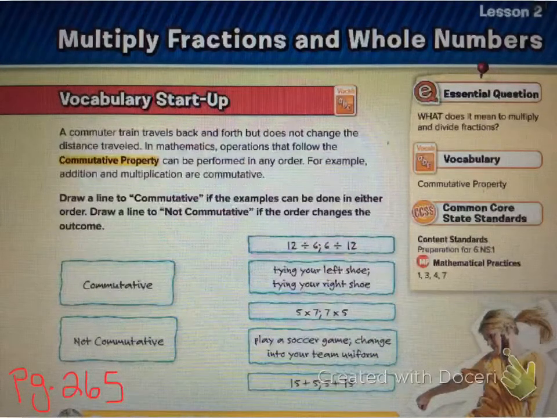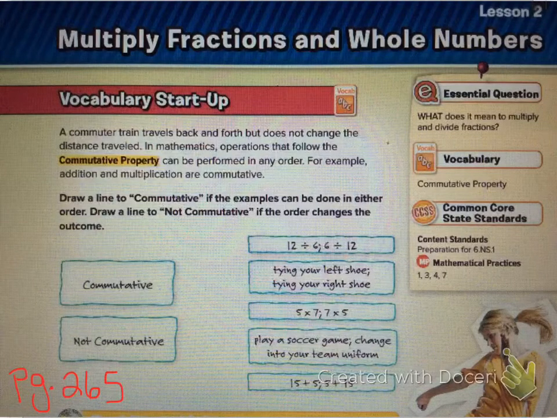Okay, the commutative property just states that you can multiply any numbers in any order and get the same answer. However, you cannot divide any numbers in different orders and get the same answer. For example, you cannot take 12 divided by 6 and get the same answer as you would if you took 6 divided by 12.